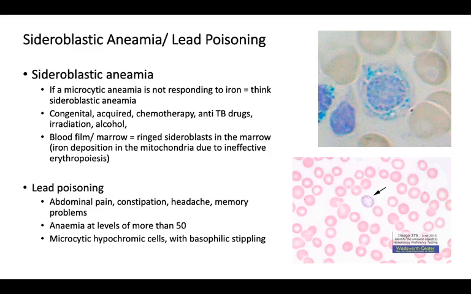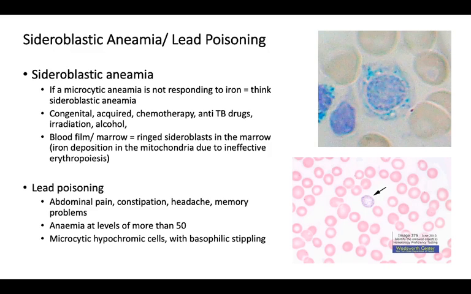It can be congenital, it can be acquired from chemotherapy, from anti-TB drugs, as a result of irradiation or excessive alcohol intake. There are quite a few different causes, but they are basically all defined by having ringed sideroblasts in the marrow on a blood film of the marrow.